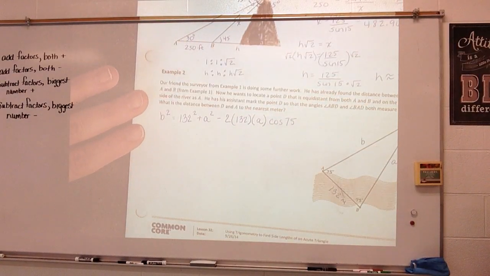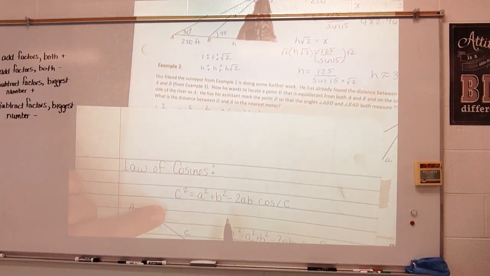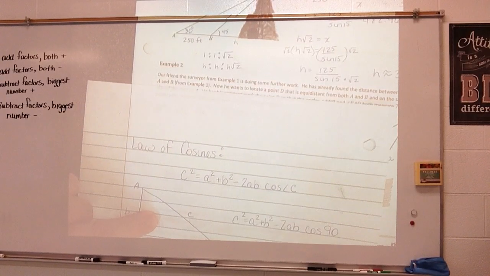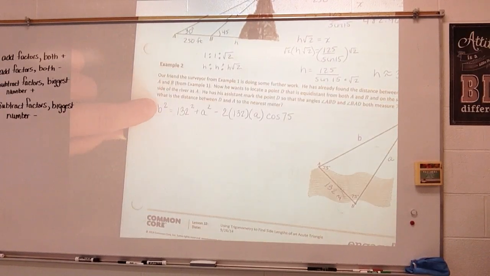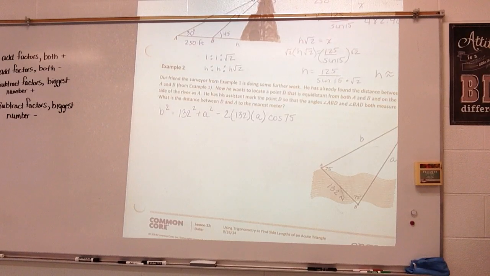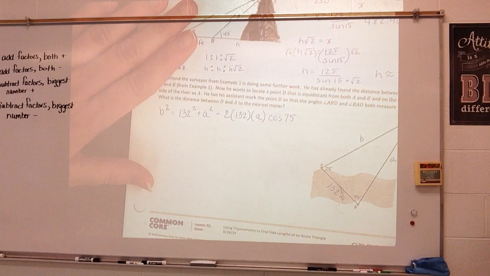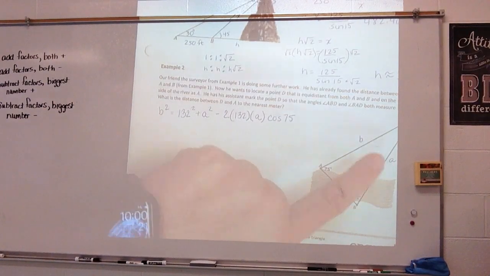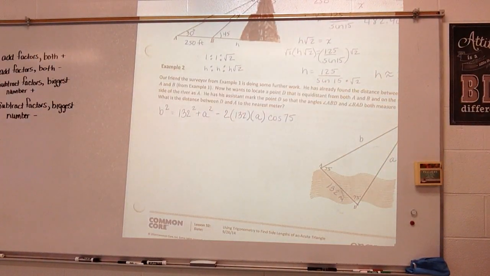All I did was plug back into the law of cosines. I'm trying to find B, so I'm going to use the other two sides as the other two parts of my law of cosines. Remember, this is an isosceles triangle, so we know that A and B are going to be equal.